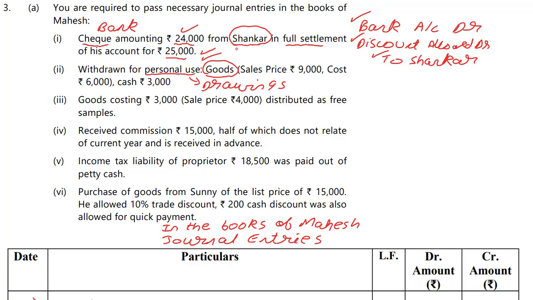Remember, goods is either going to be purchase account, purchase return account, sales return account. When we are withdrawing goods from our own business for personal use, when you bought those goods, you debited the purchase account. And when you take it out for personal use, you will credit the purchase account and always on cost. So this 6,000 is going to be the purchase account.